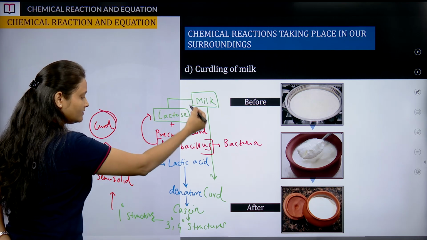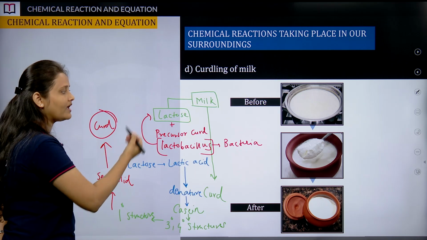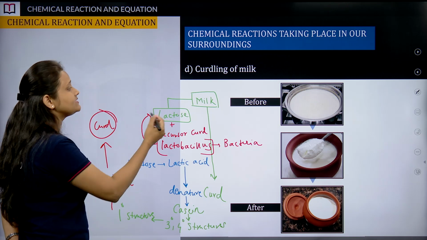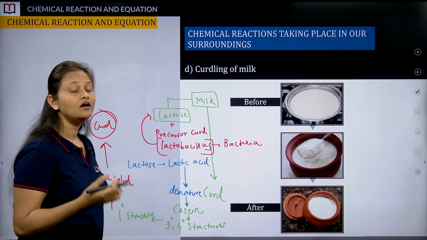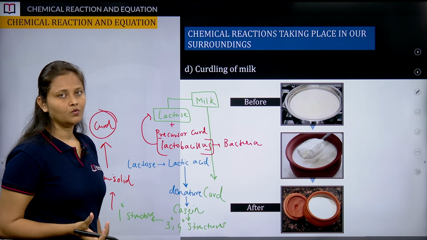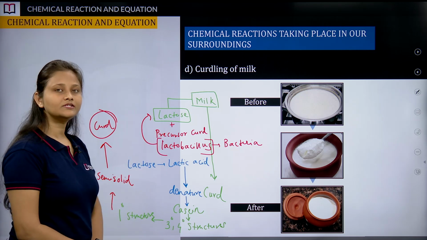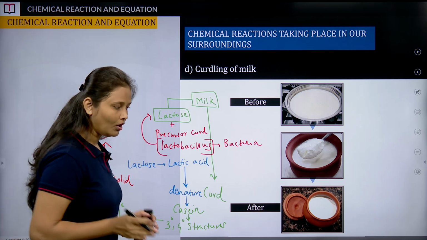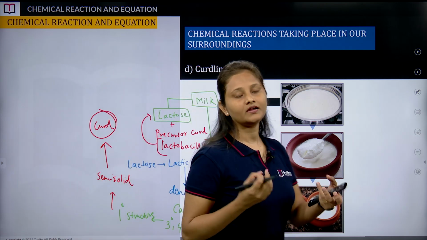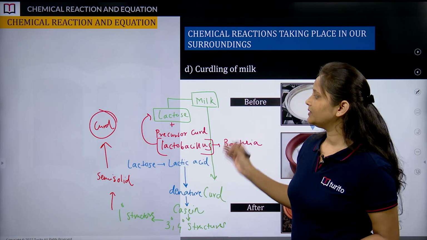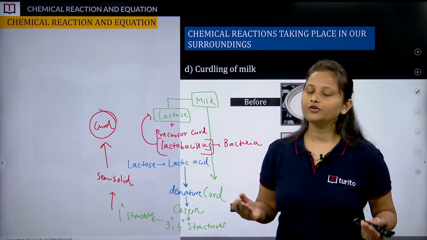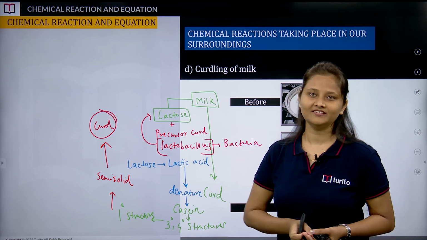So see, the chain is very long, the chemical chain is very long, and that's how we say it's a chemical reaction which is followed by these many substances altogether. So do you all agree that curdling of milk is a chemical change? It is nothing but a chemical reaction which we do not see, but it happens naturally.